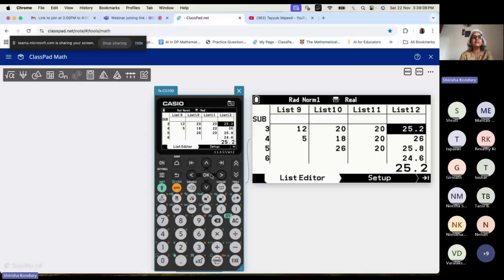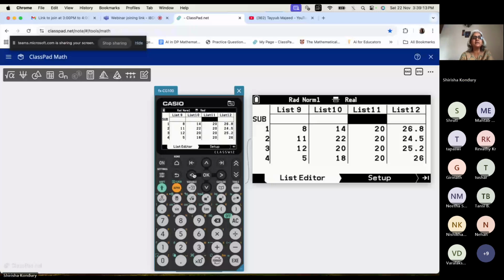So what I have done is I have entered the observed one in list 10. Okay. And the expected one in list 11. Okay, and I'm going to now do the chi-square goodness of fit test to see if they are remarkably different from each other. Then the test will tell me that.